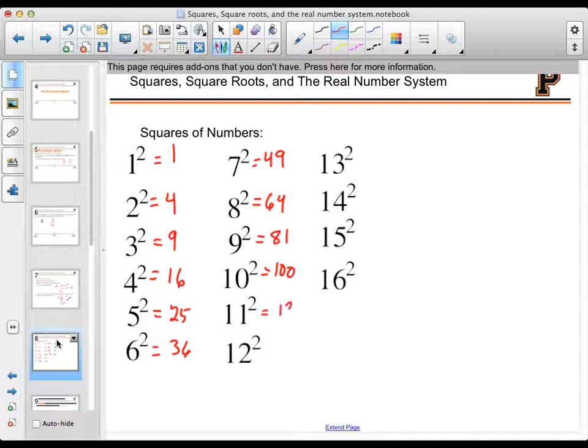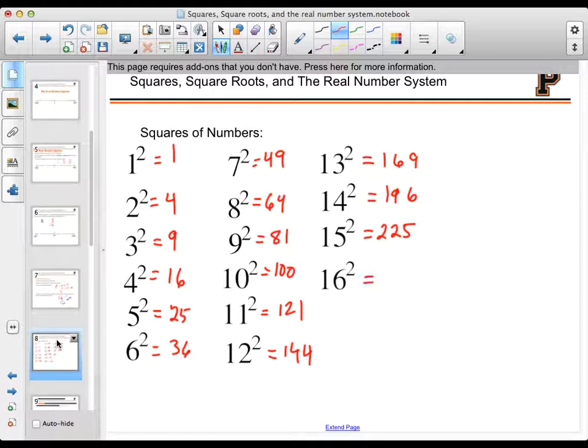11 to the second is 121. 12 to the second power is 144. 13 to the second is 169. 14 to the second power, this is where I get a little bit caught up. This one, I believe, is 196. I always kind of flip the numbers, 169 and 196. 15 to the second power is 225.